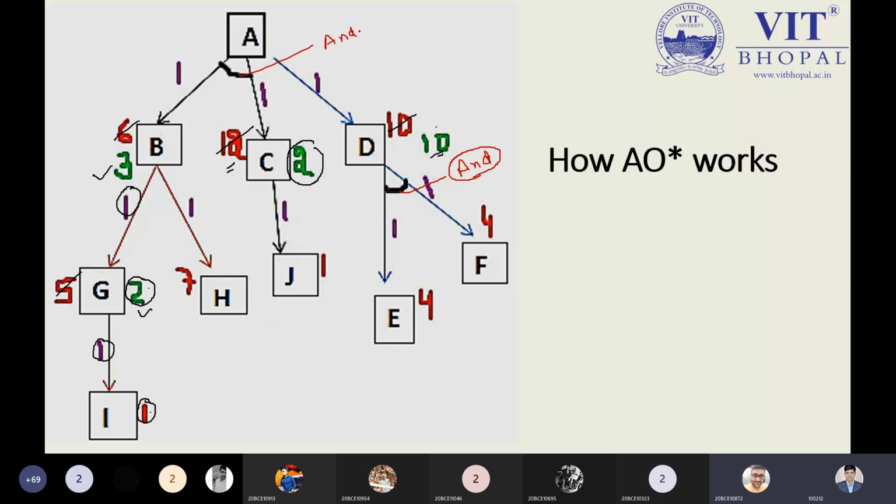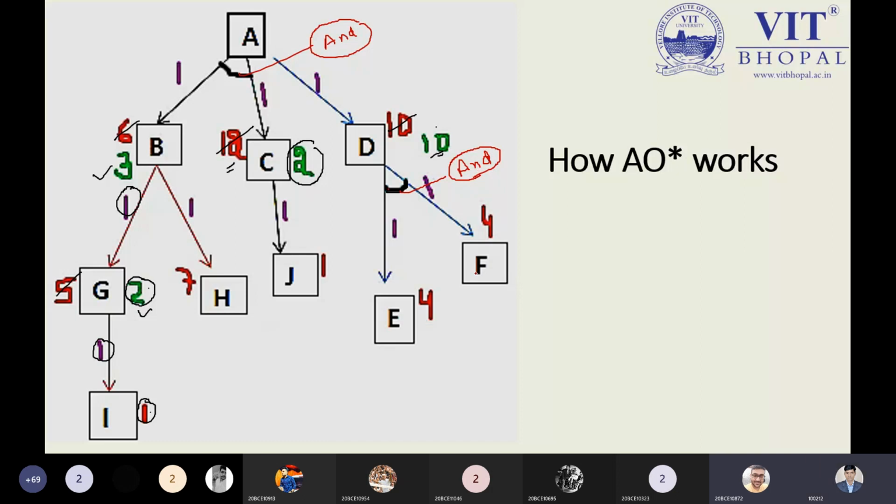So this is the reason we are merging E and F, we are getting E and F together. But for the other part, look at B, G, H: here we don't have the AND arc. Suppose we have, then we have to move from G to H, so we have to find all its values properly. But here it was clearly mentioned that you are using the AND graph or arc.